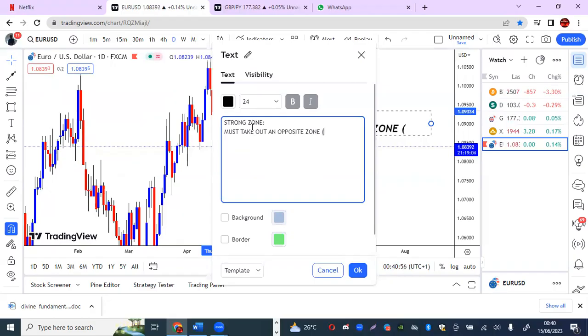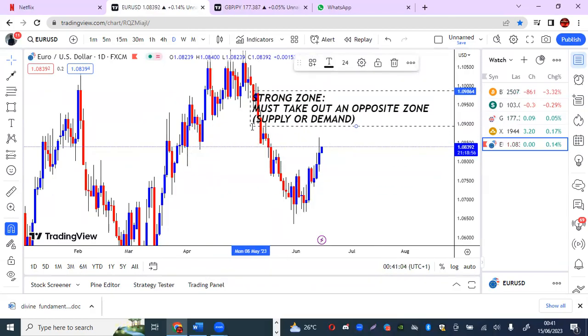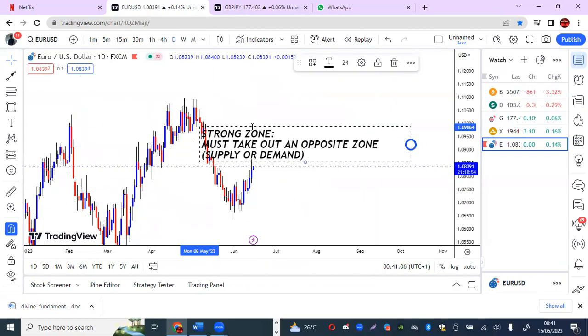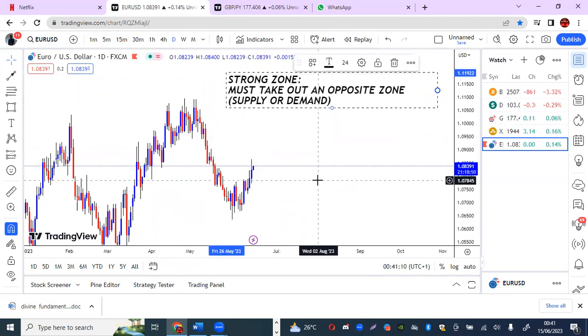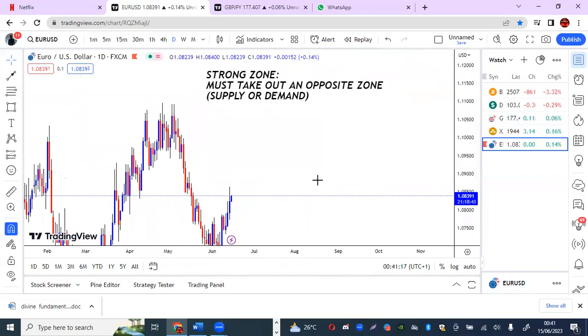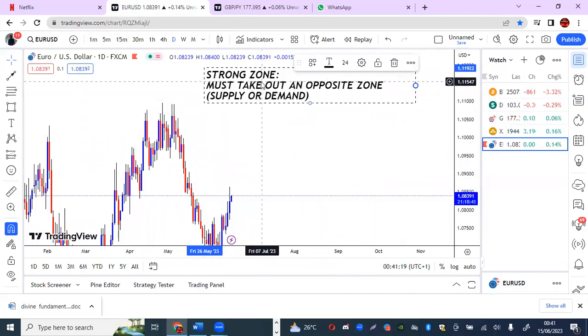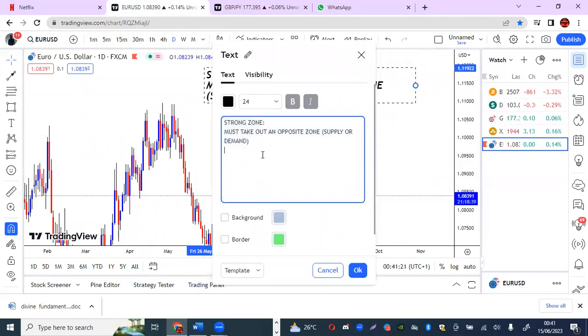Take out an opposite zone, supply or demand. So we mostly trade off strong zones. Of course, a weak zone is just a weak zone.